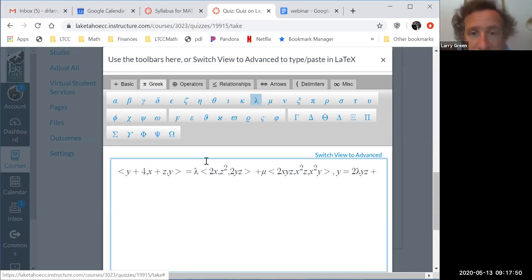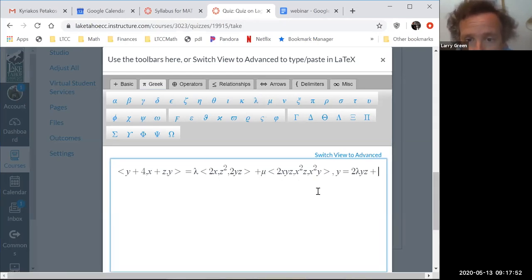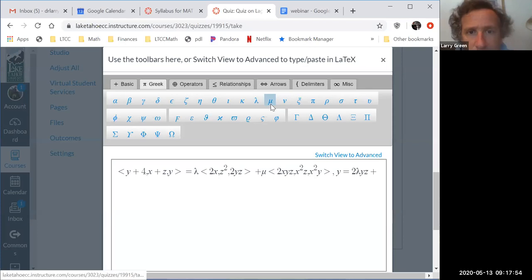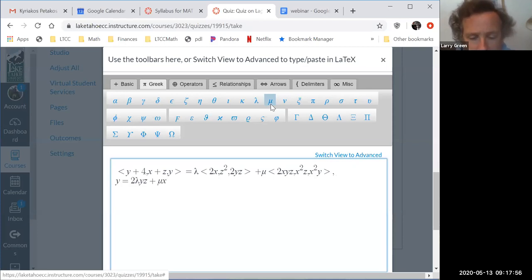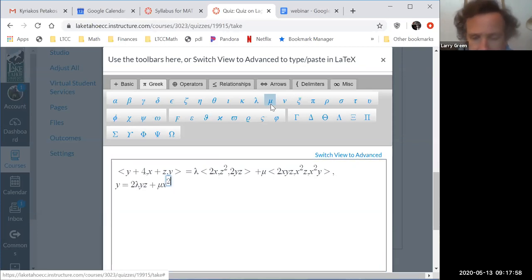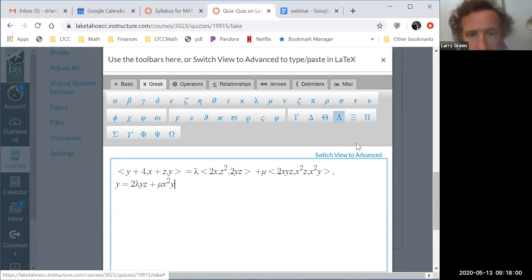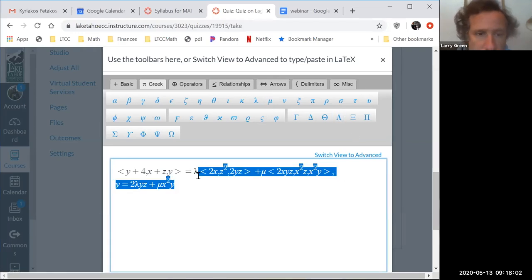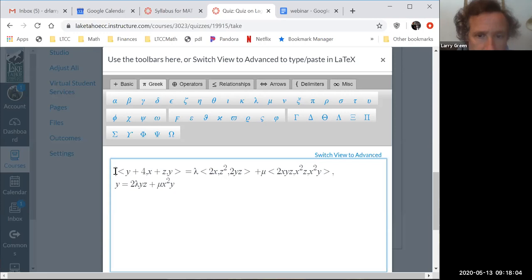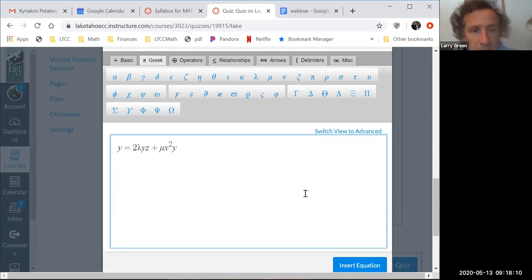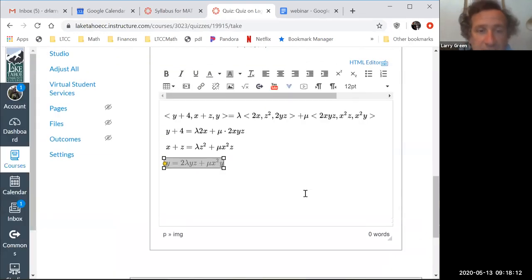And then plus mu times x squared y. And there's my third equation.